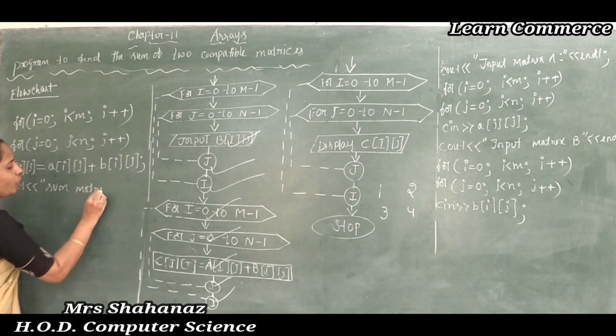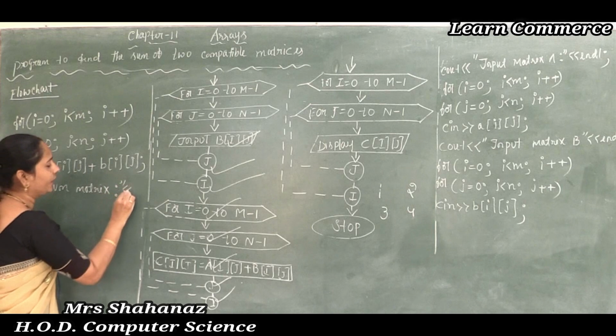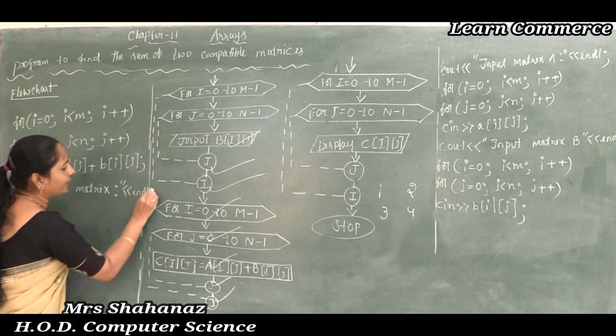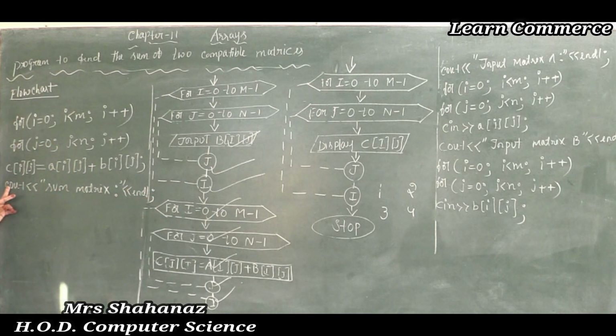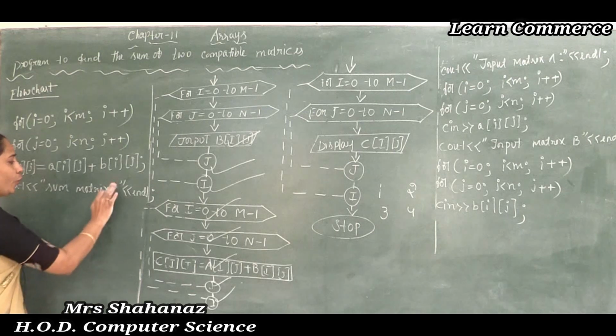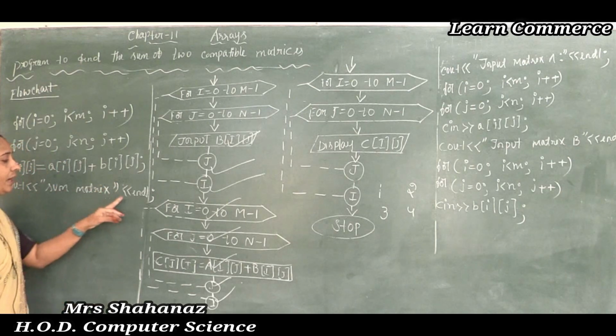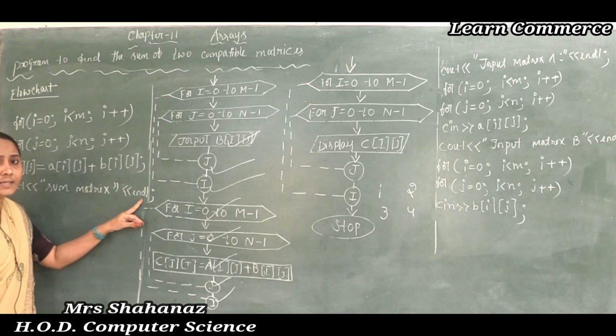Because we should know which type of matrix we are going to display on the screen here. So the sum matrix is, how do I write it? cout, then the operator, opening of the double quotation, sum matrix. If you want you can use the colon, if you don't want, let it be. So closing of the double quotation, surely you have to use the operator, endl, semicolon.